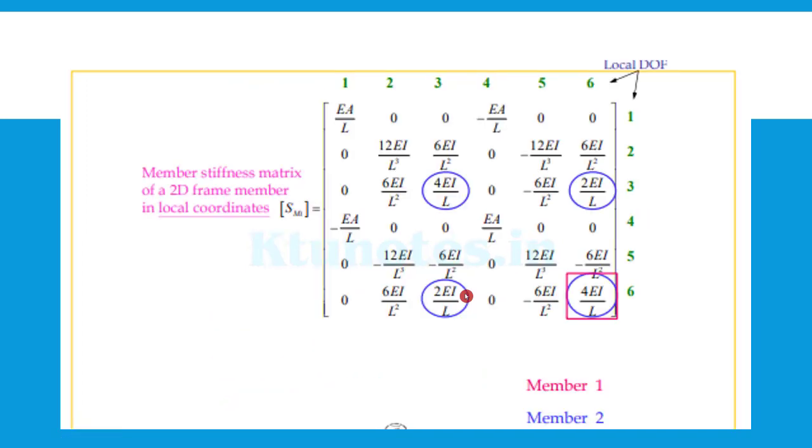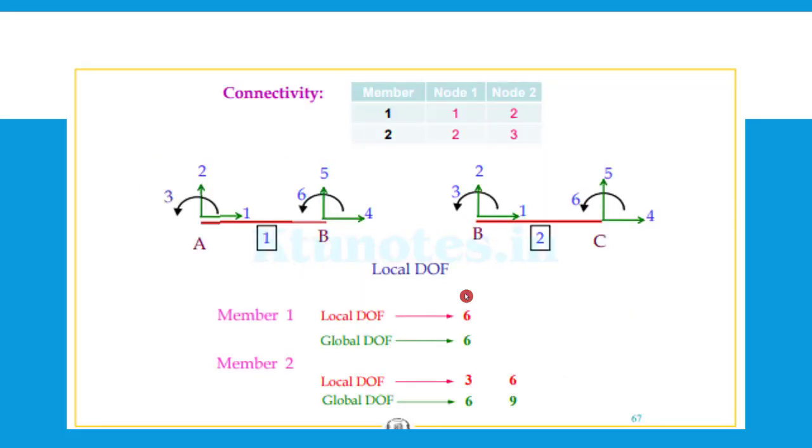The member stiffness matrix of a 2D frame member in local coordinates is given for a single element as SMi equal to EA by L into all the values, which are known to you. Now we know that for member 1 only 6 will be there, and all other values U1, U2, U3, U4, U5 will be 0.